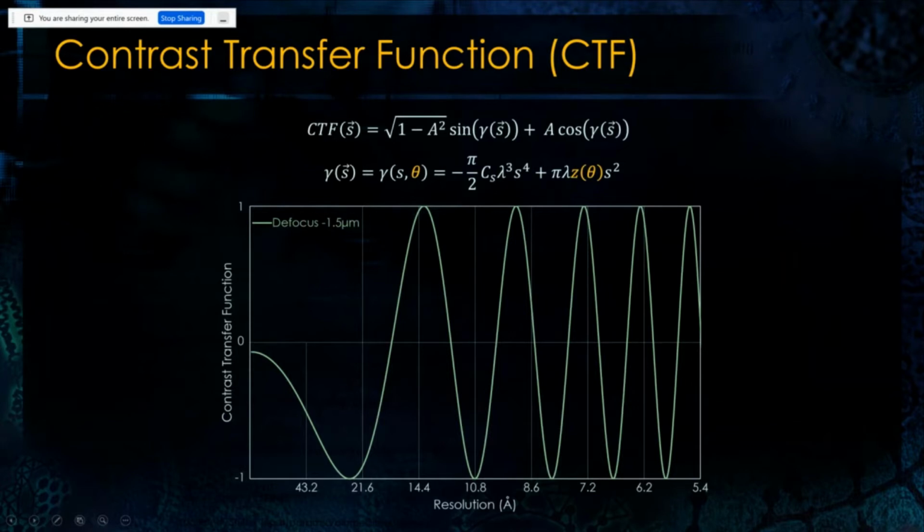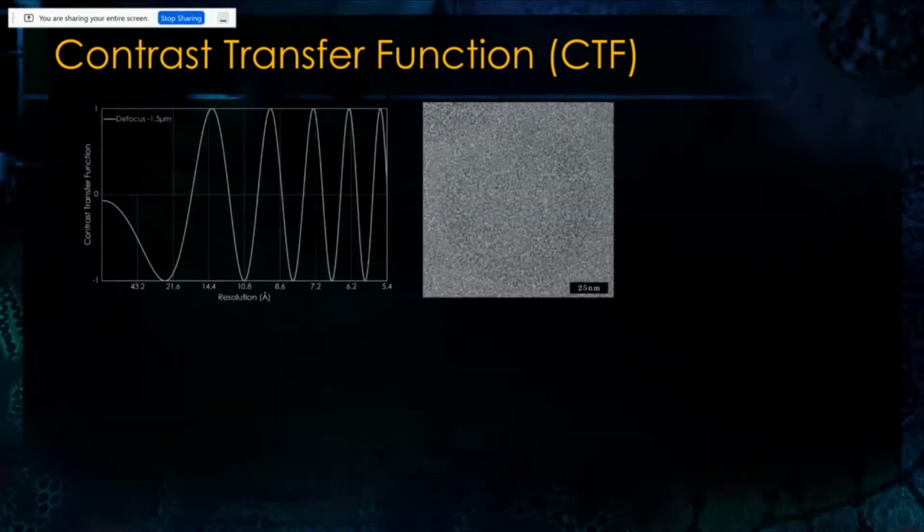So we have to do something about this. I said that it depends on the defocus, so let me show you this effect. The closer to focus we are, the more resolution we can recover without any correction, but we also get a worse signal. So this is the virus, actually HIV, but you can barely see it.